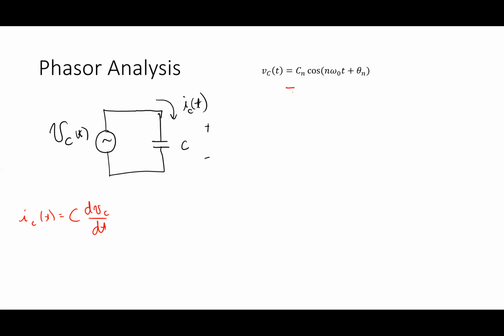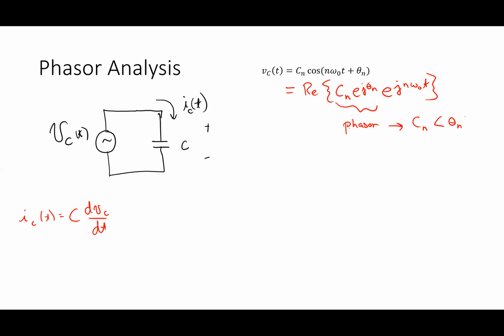And the phasor domain analysis essentially comes from the fact that I can represent this guy as the real part of Cn e to the j theta n e to the j n omega naught t, where we typically call this Cn e to the j theta n our phasor. And often times you write that as Cn with an angle theta n.